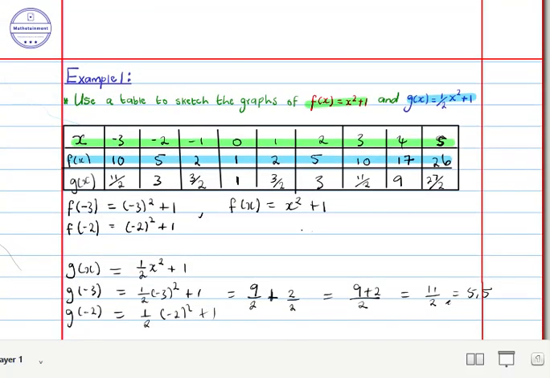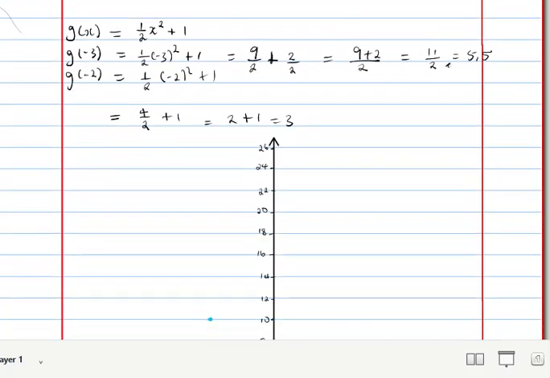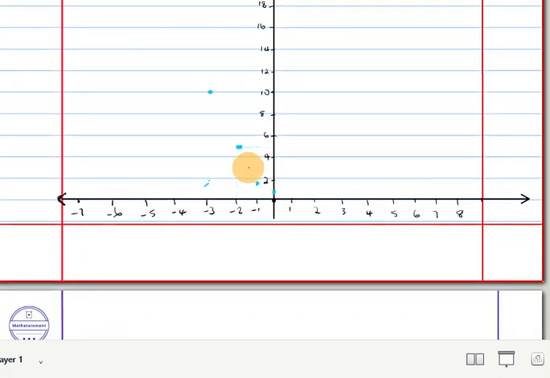Then when x is 1, the y value is 2. Go back here. 2 is here. And when x is 2, y is 5. 5 should be somewhere around.